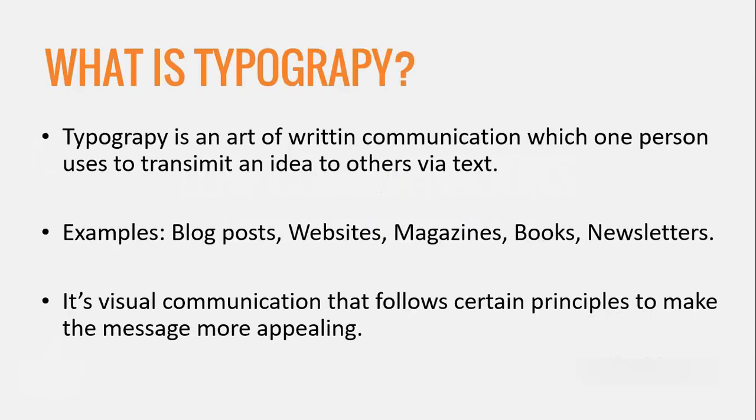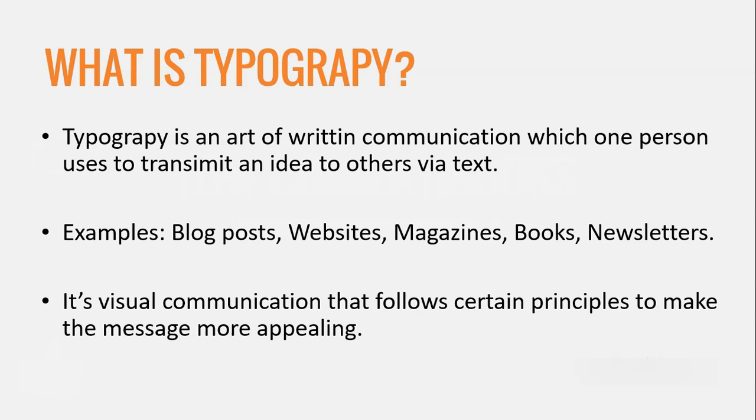So what is typography? Typography is an art of written communication which one person uses to transmit an idea to others via text. So this is visual communication, and it is used to transmit some sort of idea using text. Some examples are blog posts, websites, magazines, books, newsletters.